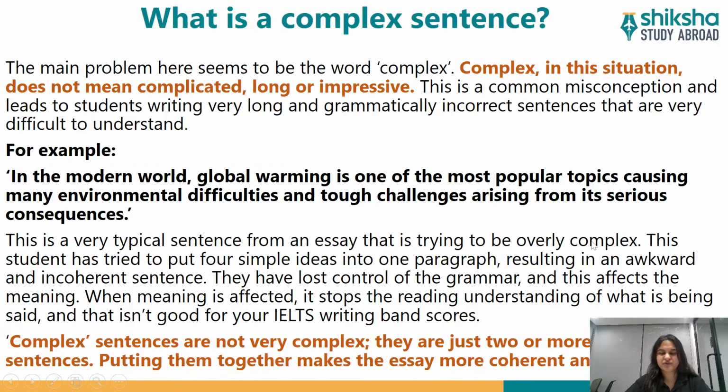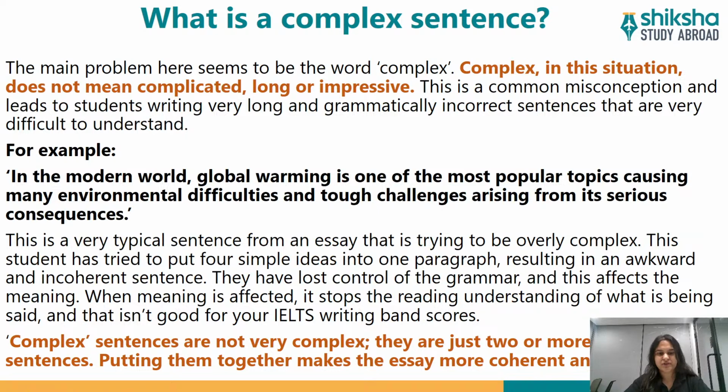The description says that it is very, very overly complex. We can see that a lot of complexity has been engaged in this particular sentence and it has been forcefully done. We can make out from that. The student has tried to put 4 simple ideas into one sentence, resulting in an awkward and incoherent sentence, right?